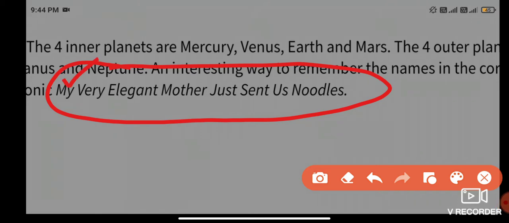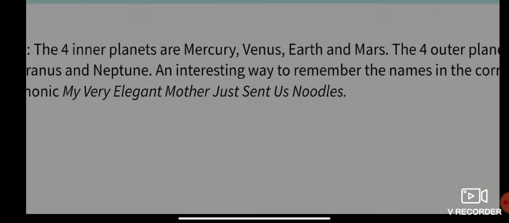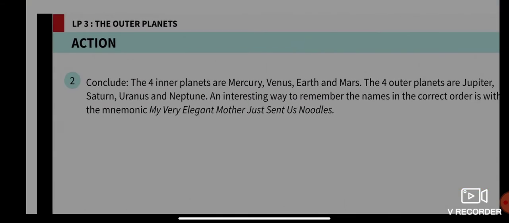My means Mercury, very, Venus, elegant, Earth, mother, Mars, just, Jupiter, sent, Saturn, us, Uranus, noodles, Neptune. So this is how you can easily remember the names of the 8 planets in our solar system.